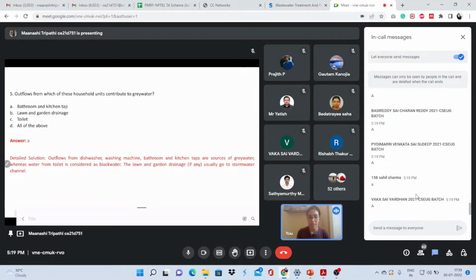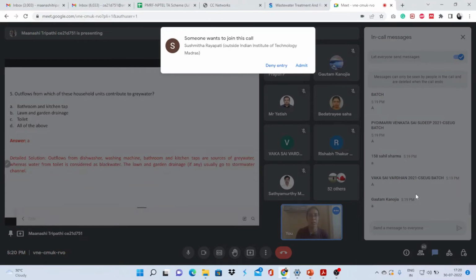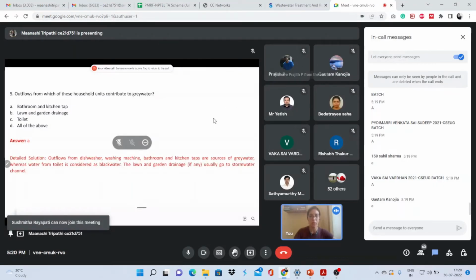So answer is A, bathroom and kitchen tap. See, when we consider toilet, it has pathogens. Okay, so we treat it, we try to keep it separate from the rest of the water. So when we talk about toilet, it's black water. Okay, and the other forms of wastewater are considered as grey water. And I have told you one more term, yellow water. So yellow water is basically urine.